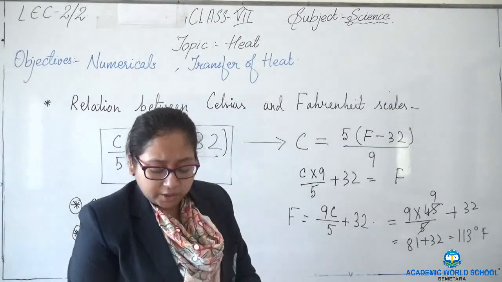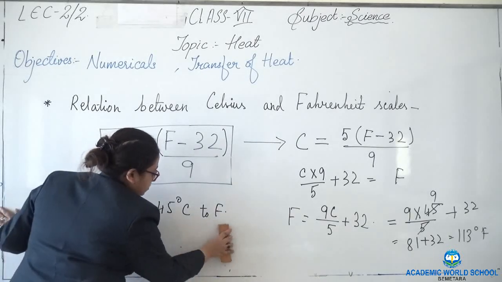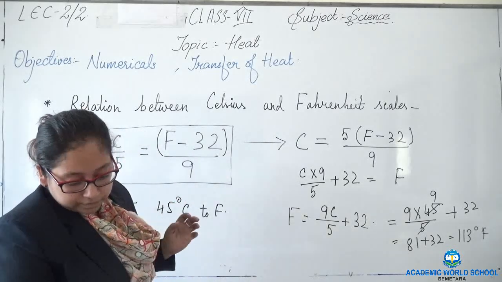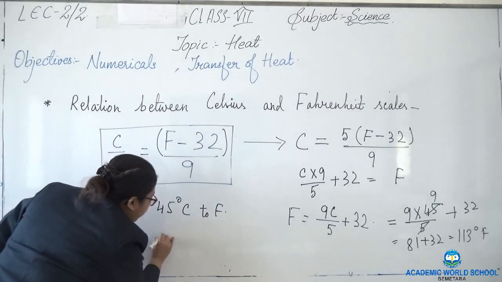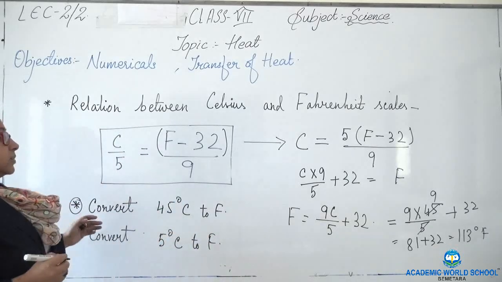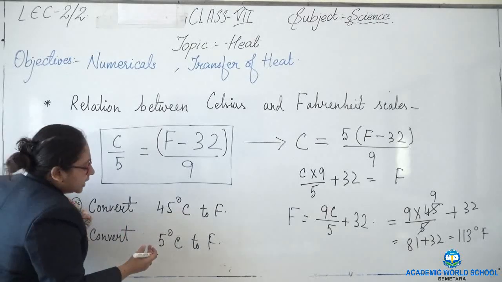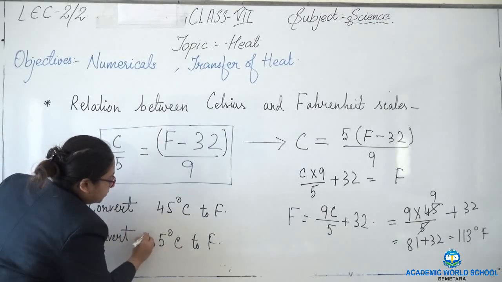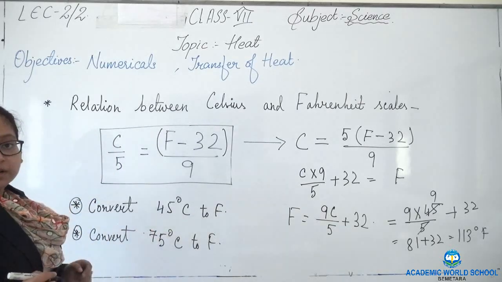One more sum we will do. Convert, suppose, 5 degree Celsius to Fahrenheit. Or let me take it as convert 75 degree Celsius to Fahrenheit.